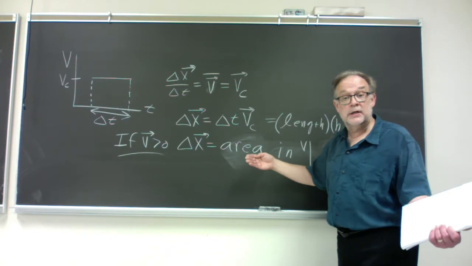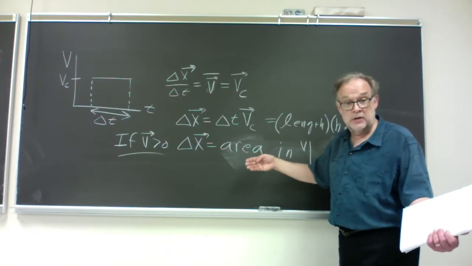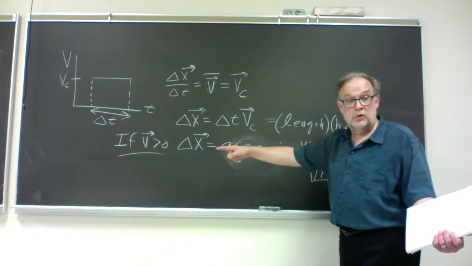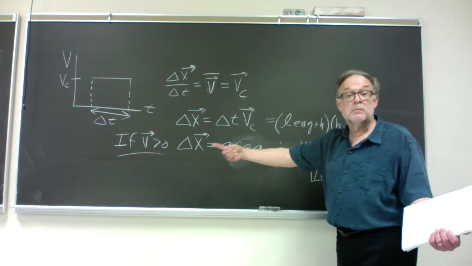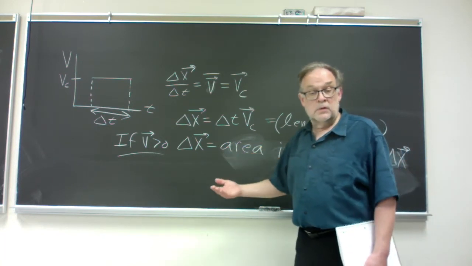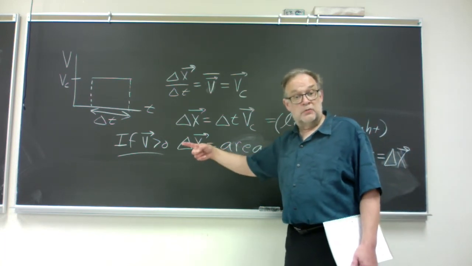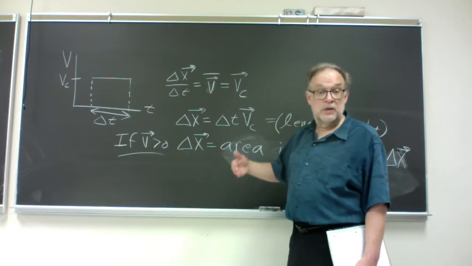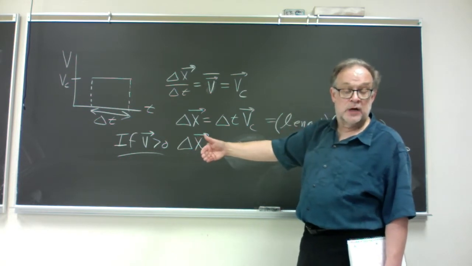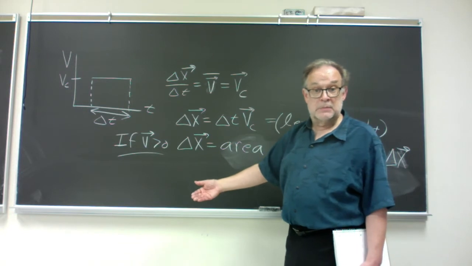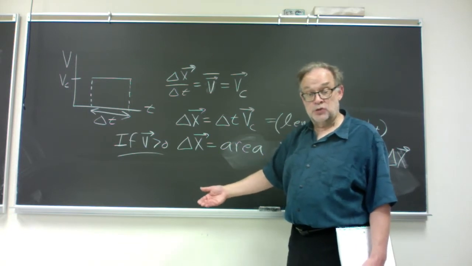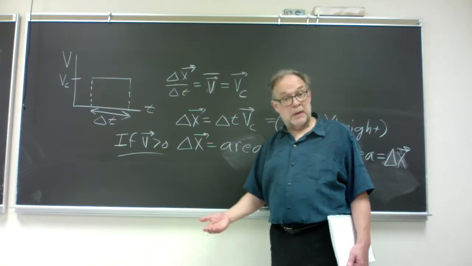In plain old Euclidean geometry, we don't have negative areas. So this is a positive number, and that'll make the displacement positive. Positive displacement is what you get if the velocity is positive. If the motion is always in the positive direction, the displacements you get from that motion are always positive.